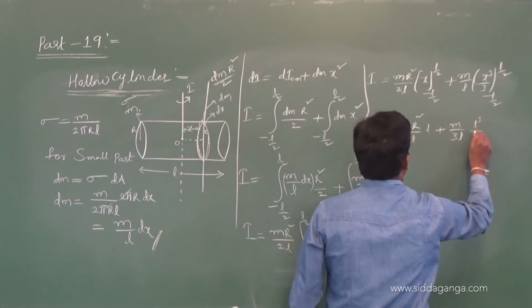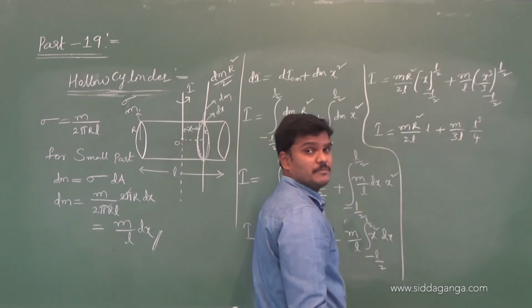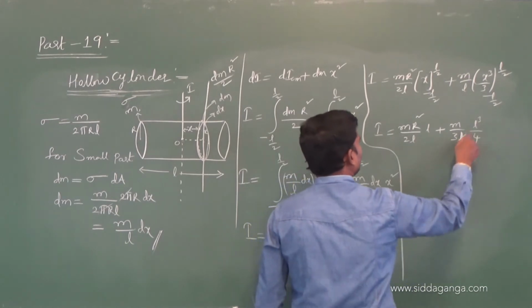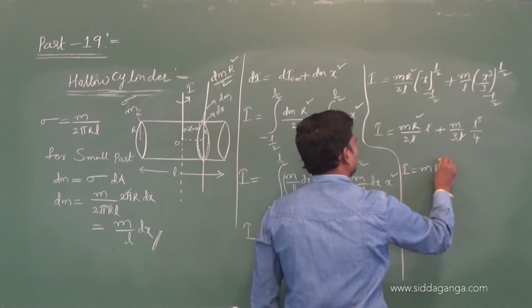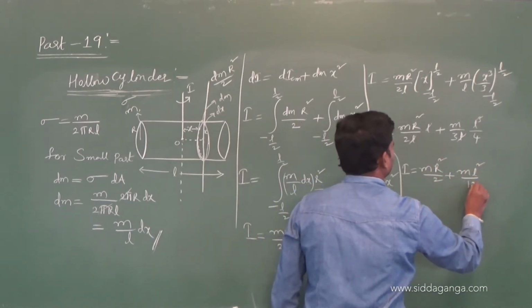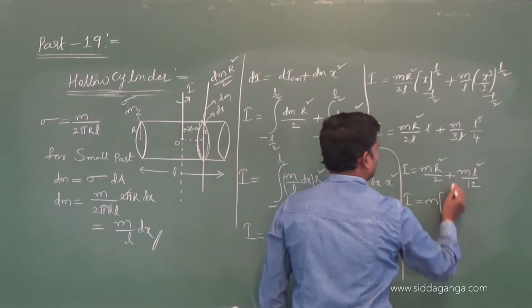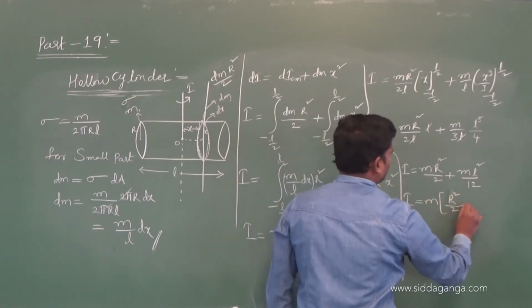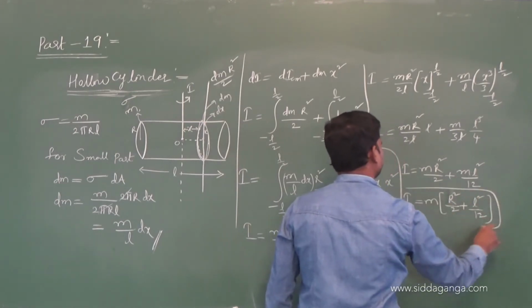So, L cube by 4, 2L cube by 8 means L cube by 4. L, L cancels. I is equal to m r square by 2 plus m L square by 12. So, I is equal to m into r square by 2 plus L square by 12.